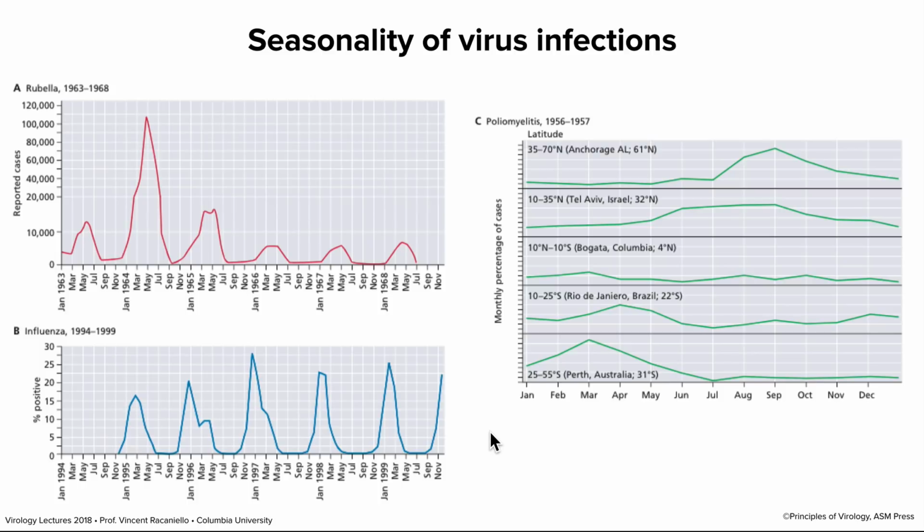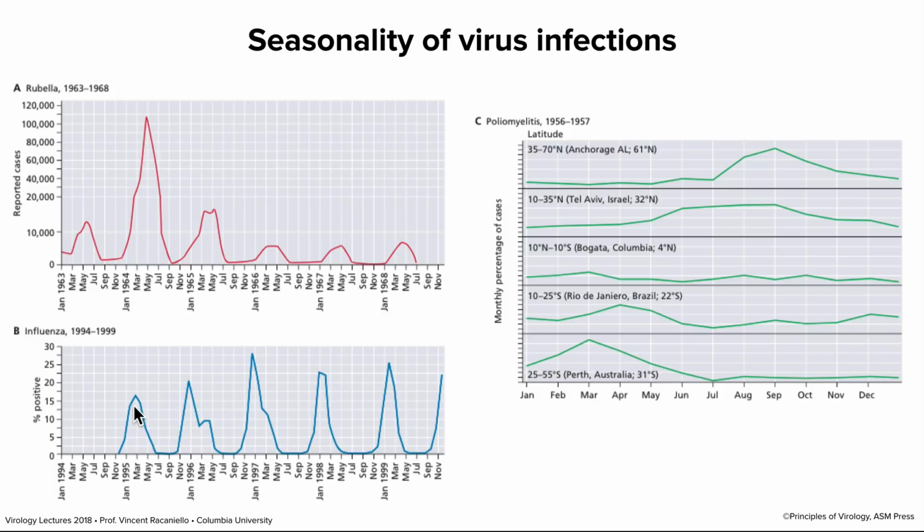Why this is the case, why certain virus infections show seasonality, is generally obscure. There has been some work done on influenza virus which suggests that at least in temperate climates, such as here in the northeastern United States, the low temperatures and low humidity facilitate transmission of the virus in very, very small droplets generated by aerosols.